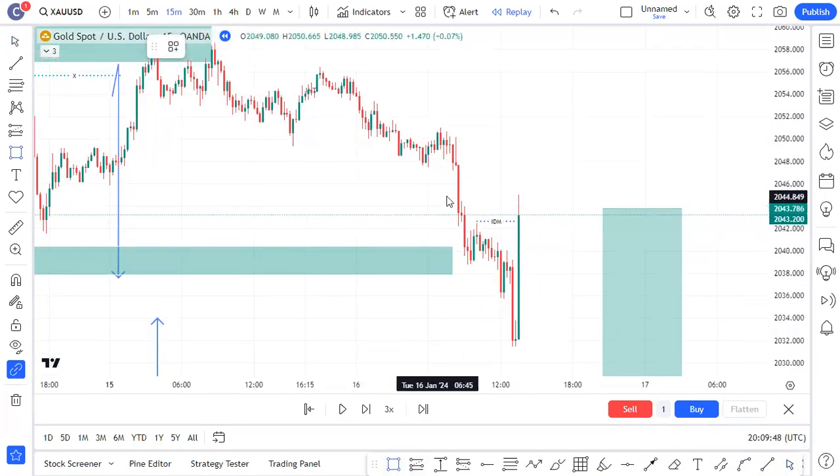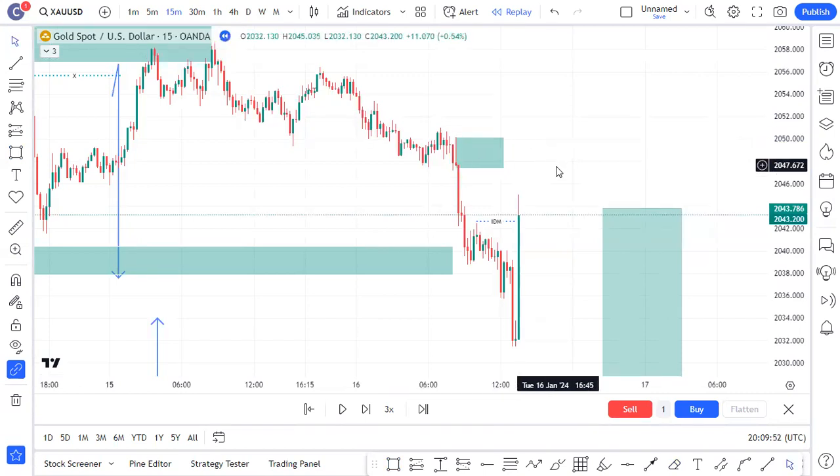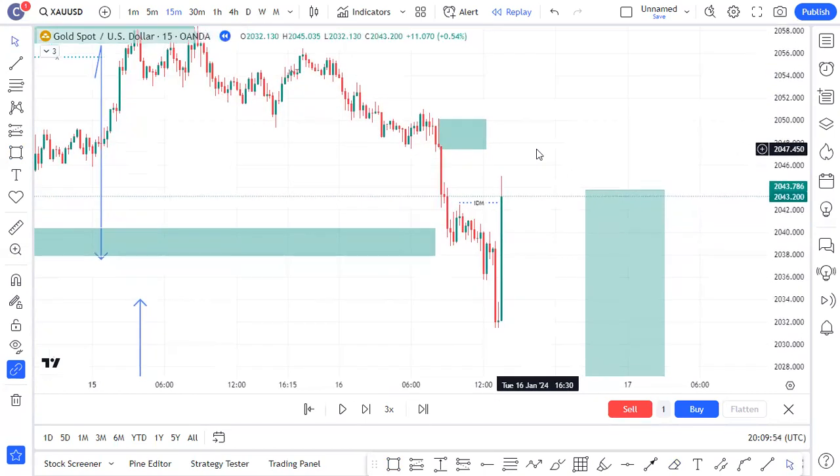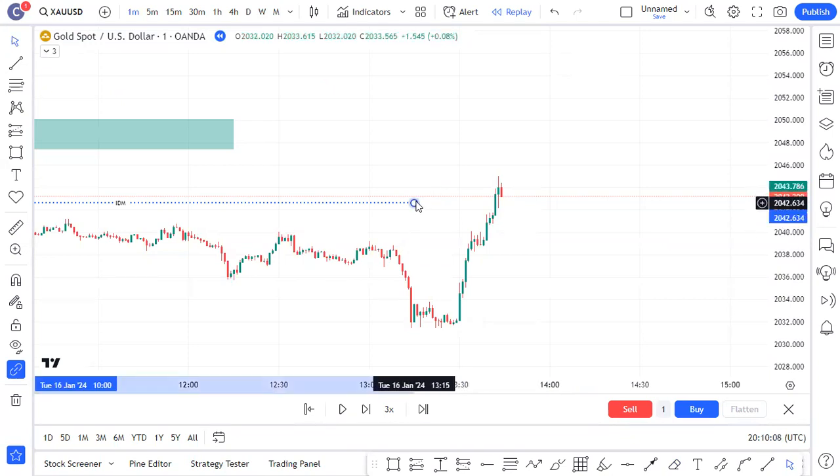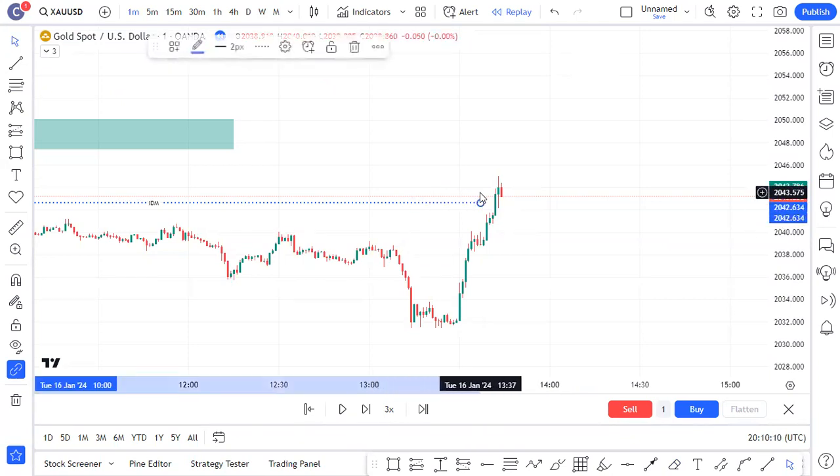The first high time from supply zone is here. Market did not come here. So these buyers are trapped because they are buying the move, and the sellers, they are also trapped. So what I do is I always go to the lower time frame and I look for how the market is reacting. You see, this is the inducement line.